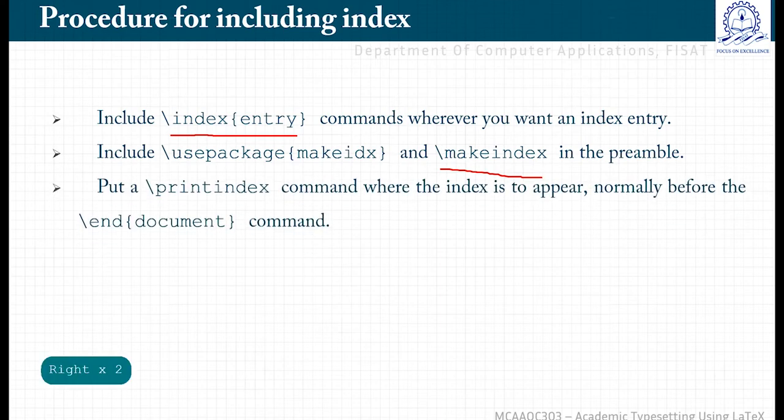After that, put the \printindex command where the index is to appear, normally before \end{document}. When you compile the LaTeX file, a raw index.idx will be generated. A document that consists of an index file takes 2-3 runs to take effect, as we have seen in the bibliography and the table of contents.